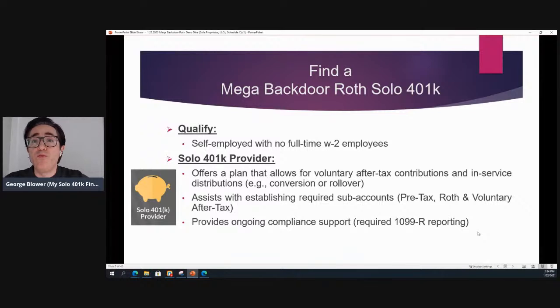You need a provider that's going to help you get those different sub-accounts set up at the financial institution of your choice, so the bank or the brokerage of your choice, and then is going to provide the ongoing compliance support, because that move from the after-tax account to the Roth account is going to be a reportable event.